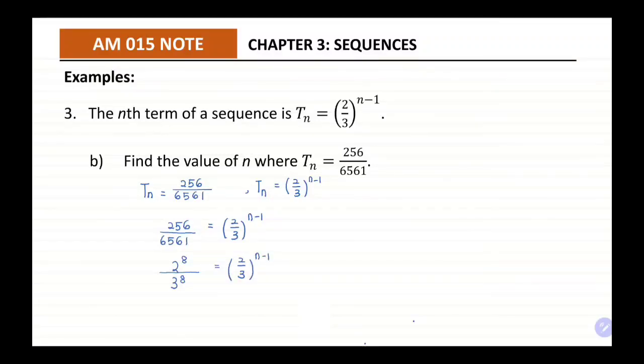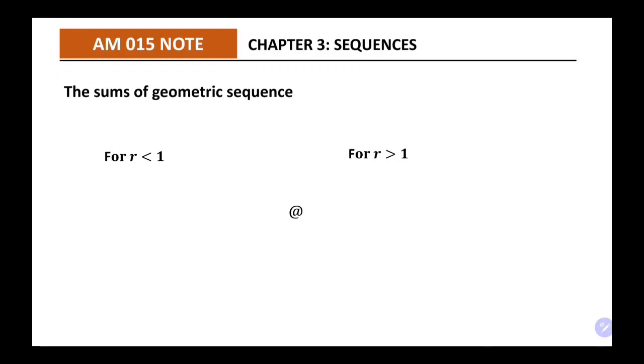Since 2 and 3 have the same power, we can combine them with power of 8. Since the base is the same, we can compare the powers. So n minus 1 equals 8, n equals 9. We finish for the nth term.